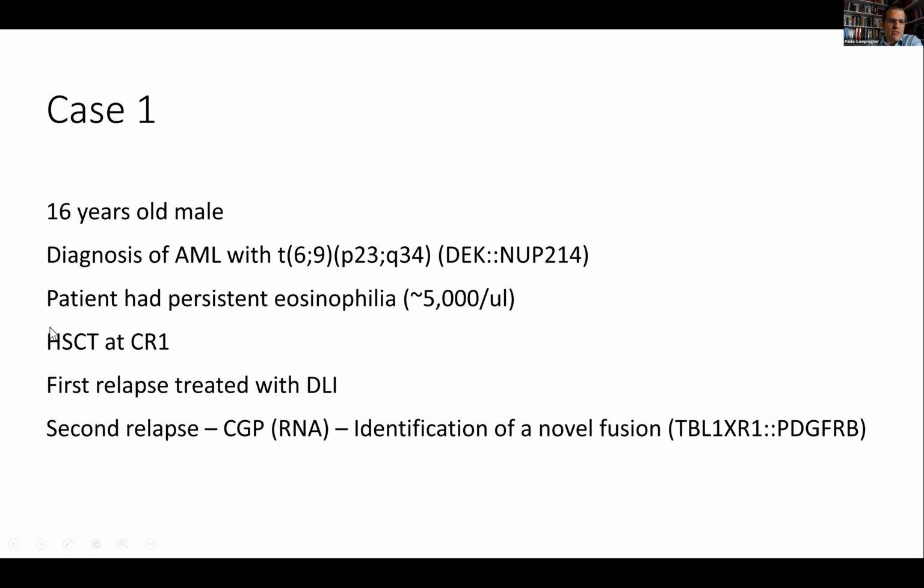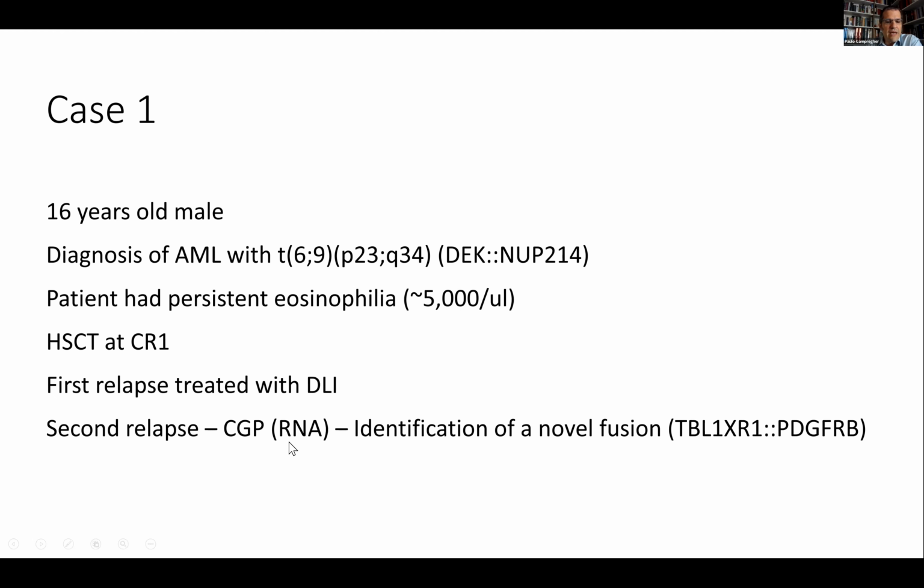And the patient was treated with a hematopoietic stem cell transplant in first complete remission. He had a first relapse around day 100 after transplant. He was treated with infusion of donor lymphocytes and chemotherapy. And then he had a second relapse, right? Very dismal prognosis, second relapse after transplant. It's a very difficult to treat situation.